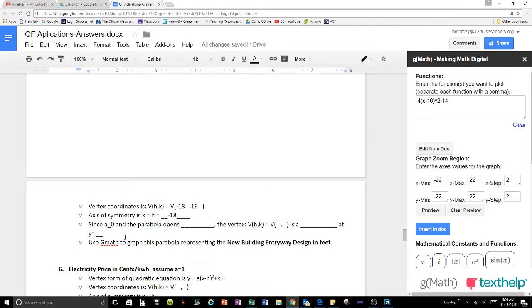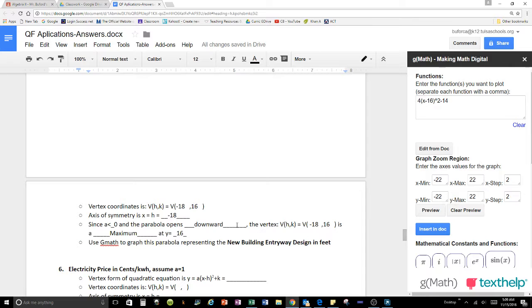Since a is less than 0, the parabola is going to open downward, as we saw, and the vertex h, k, where h is minus 18, k is 16, is a maximum at y equals 16.